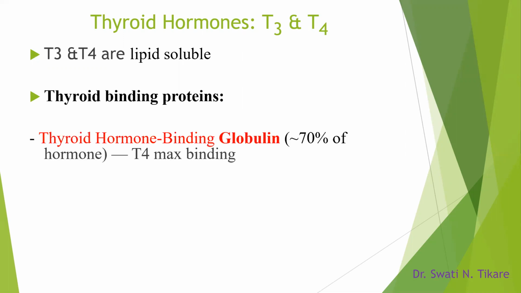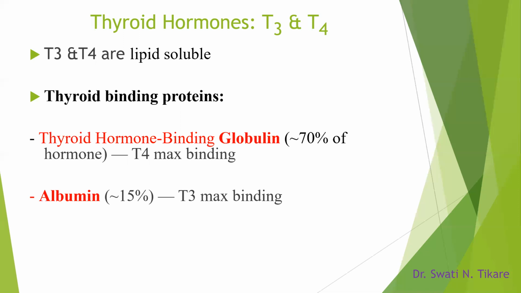The first one is thyroid hormone binding globulin. Okay, thyroid hormone binding globulin. 70% of all hormone is bound to this one, and T4 binds to this more than T3. Okay, the affinity of T4 to this protein globulin is more.